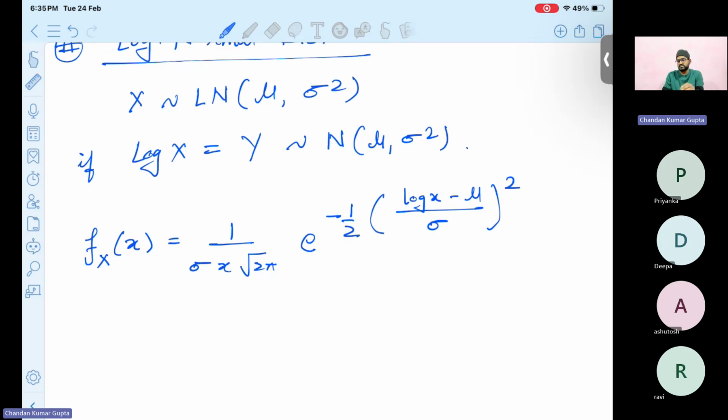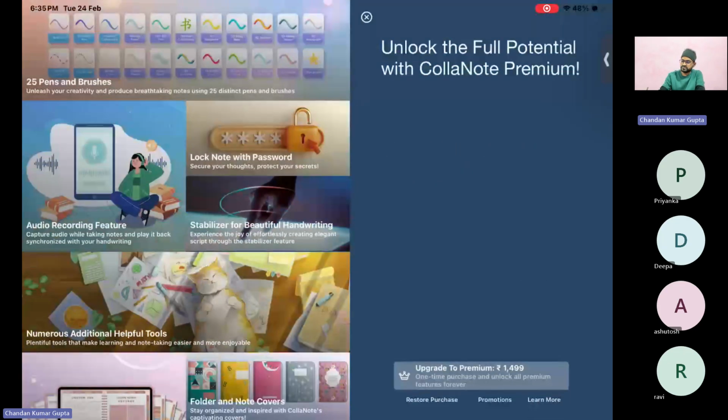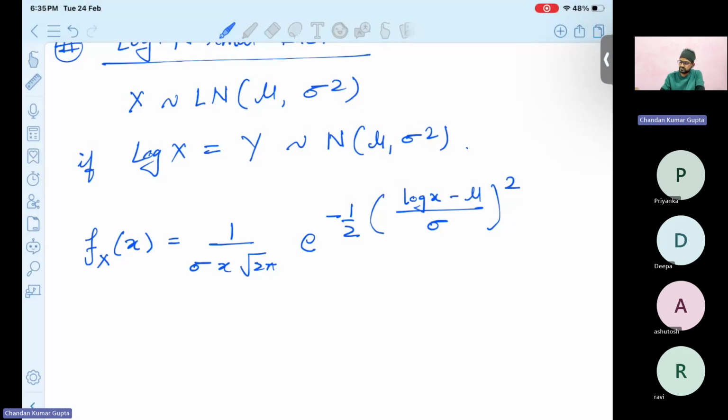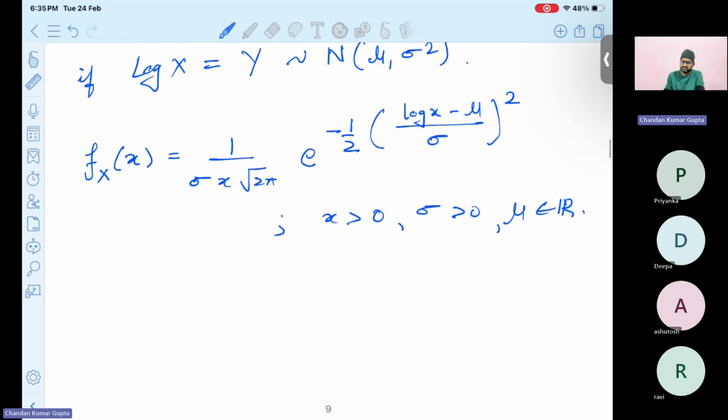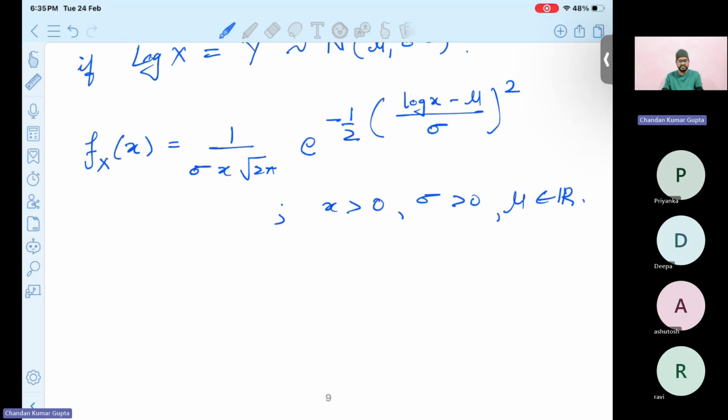In normal, it is x minus mu upon sigma; in log normal, it is log x minus mu upon sigma, whole square. Here x is greater than 0, sigma is greater than 0, and mu is any real number. So this is the PDF for the log normal distribution. Also, its CDF is not in closed form.